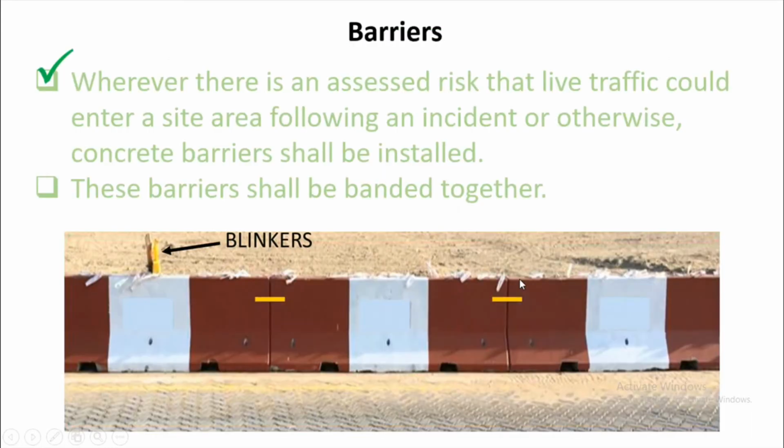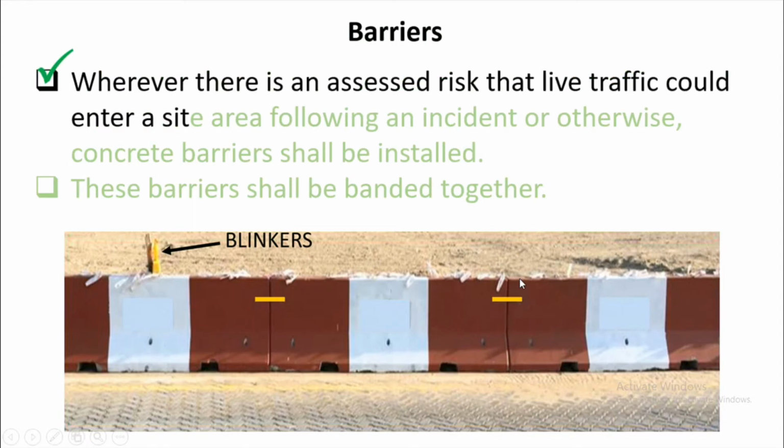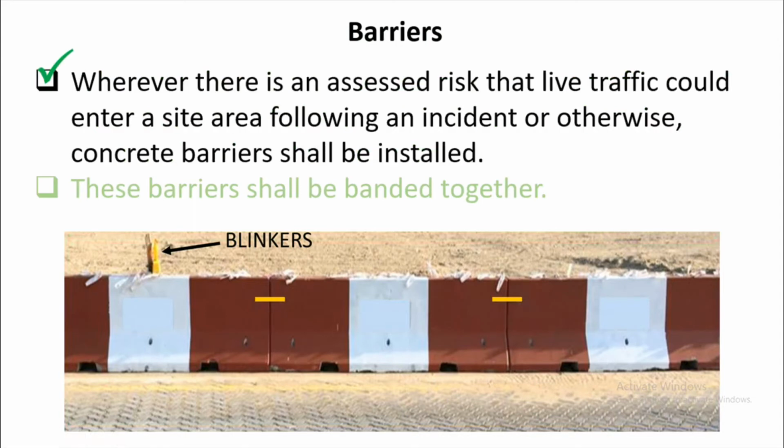This is the barriers. Wherever there is an assessed risk that live traffic could enter a site area following an incident or otherwise, concrete barriers shall be installed. So these barriers shall be banded together, like for example, as you can see in these photographs there is a band on the joint of the barriers. This is additional band.